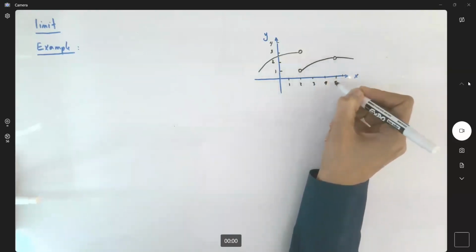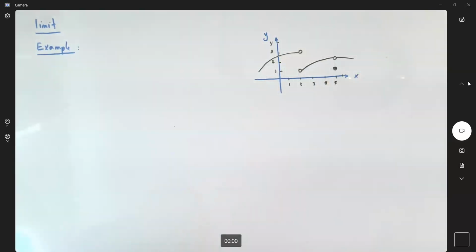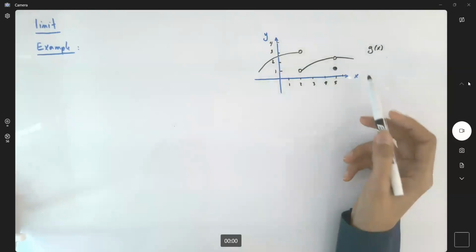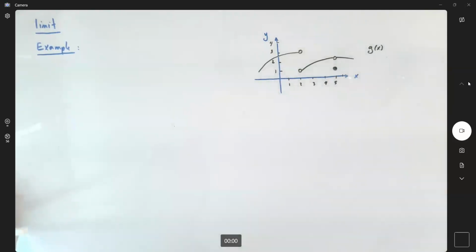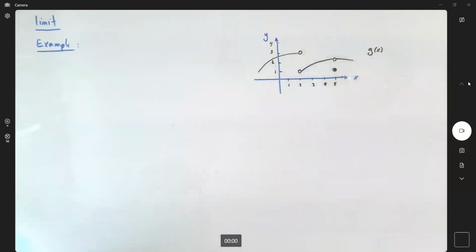And at x exactly equal to 5, the output value of the function is 1. So this is my function g. This is the given function to us. This is a piecewise defined function, and it has some holes, and there is a jump in the graph.